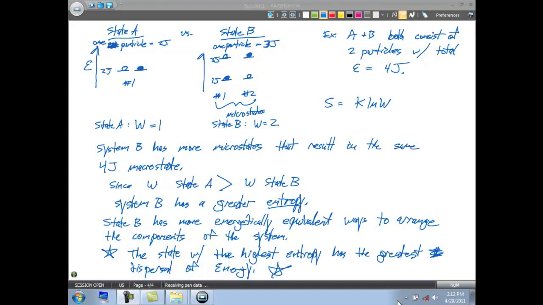Another way of saying this is that the energy can disperse out across a system. And we can look at different systems. The systems could be a combination of molecules. The system can be a molecule itself.